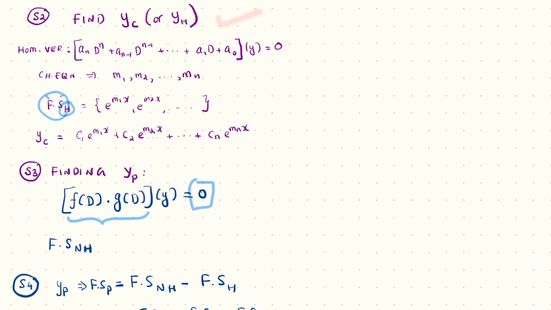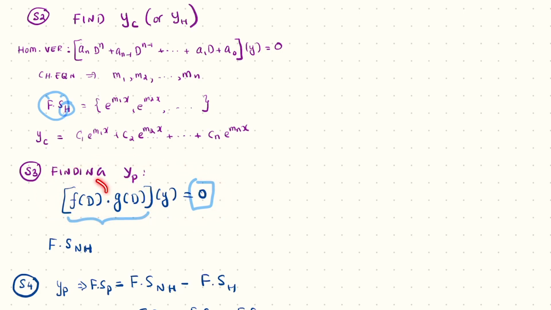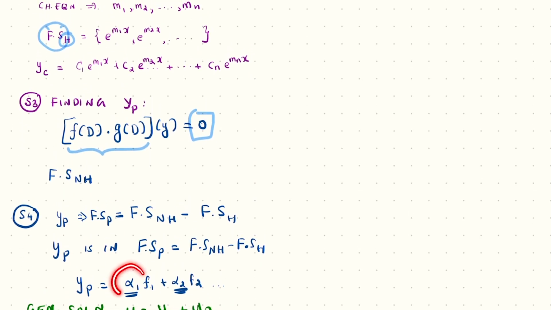Step 3 is to find the yp: I operate f of d with respect to g of d and set it equal to 0. Then we find the form of yp, and find the constants of yp using the fact that yp is a particular solution to the non-homogeneous problem.